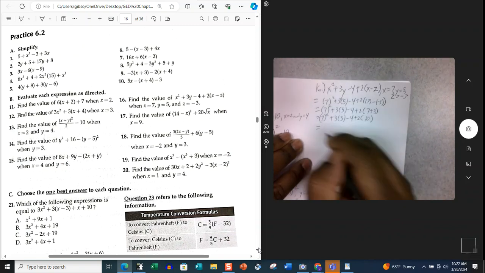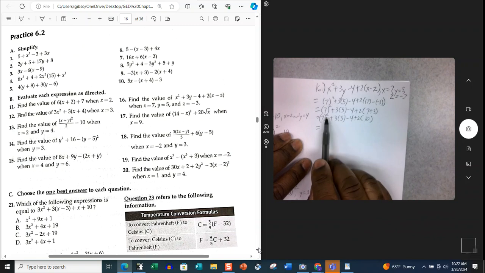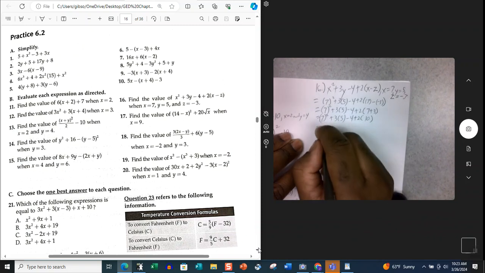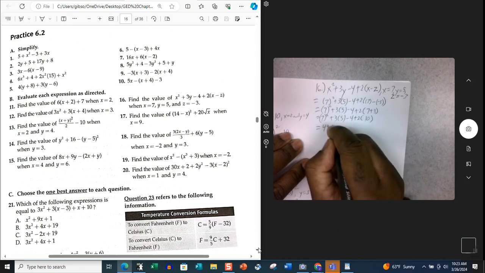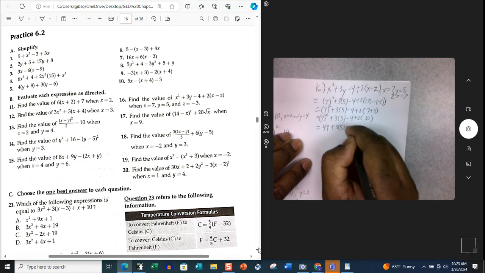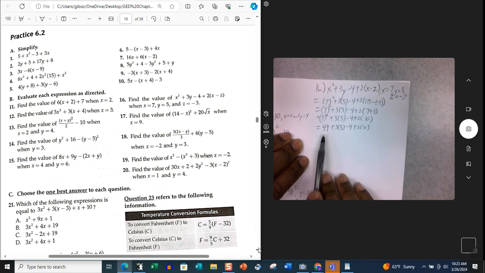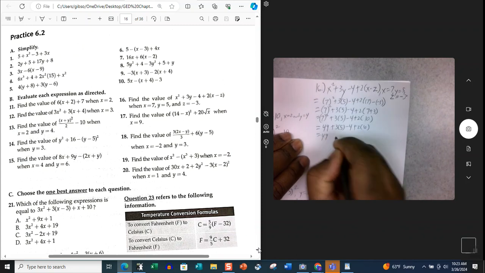All right, now what we're left with is an exponent, addition, multiplication, and subtraction. We do the exponent first. So we have 49 plus 3 times 5 minus 4 plus 2 times 10. Now we're left with addition, subtraction, and multiplication. We'll do the multiplication.